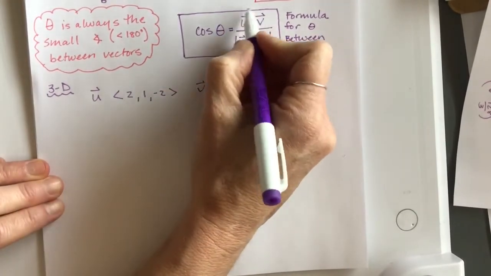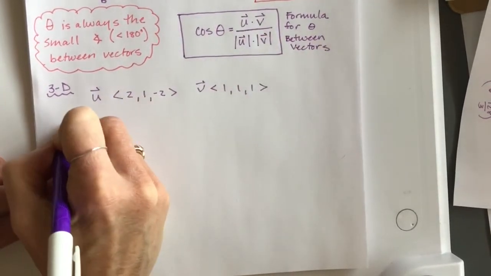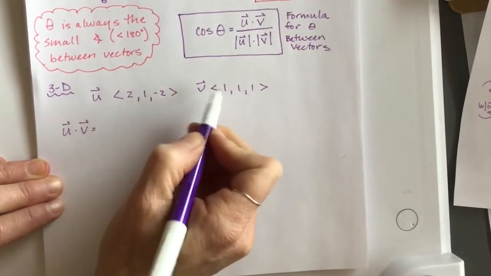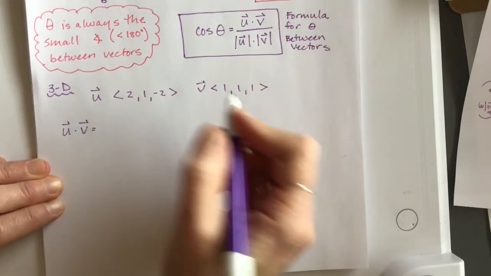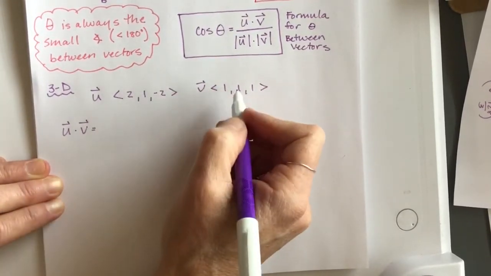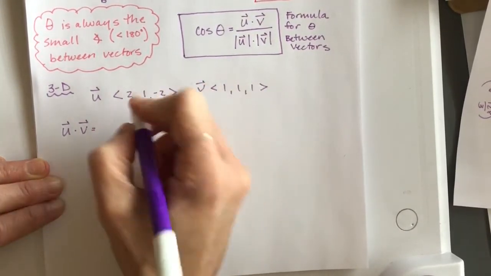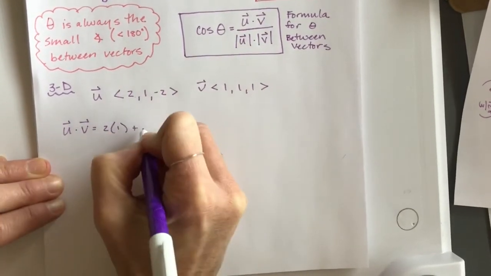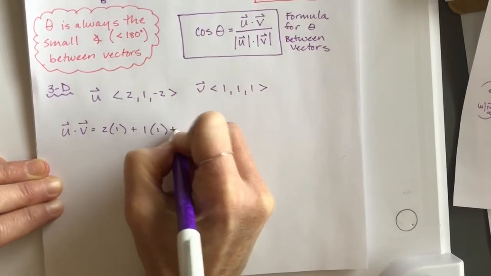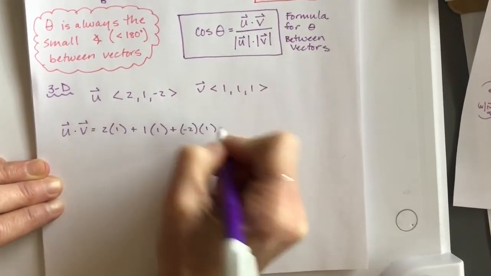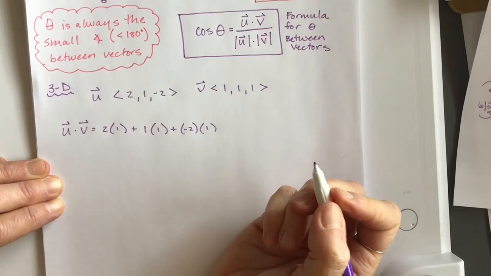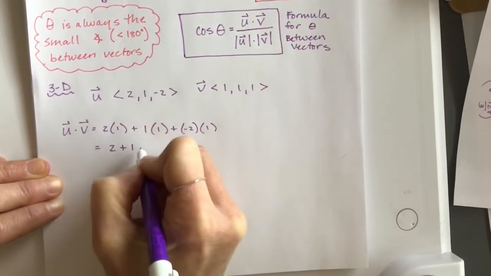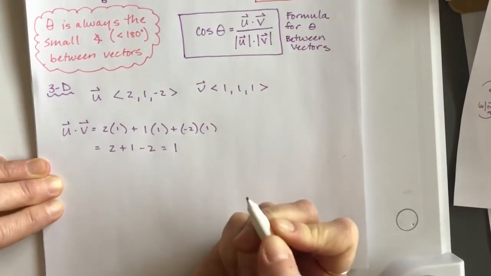I'm going to do the top part of the formula first, u dot v. If you recall, that's multiplying the x components, adding it to multiplying the y components, and then adding the z components multiplied. So 2 times 1 plus 1 times 1 plus negative 2 times 1. That's fairly easy: 2 plus 1 minus 2 is equal to 1.